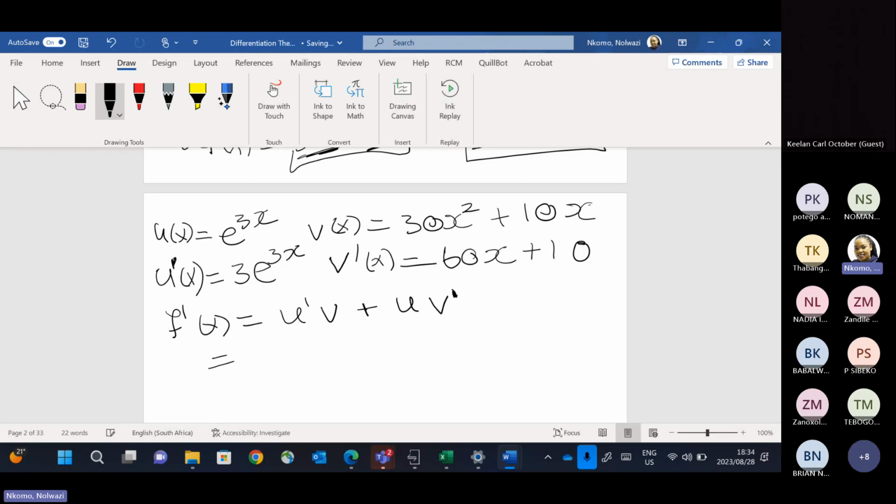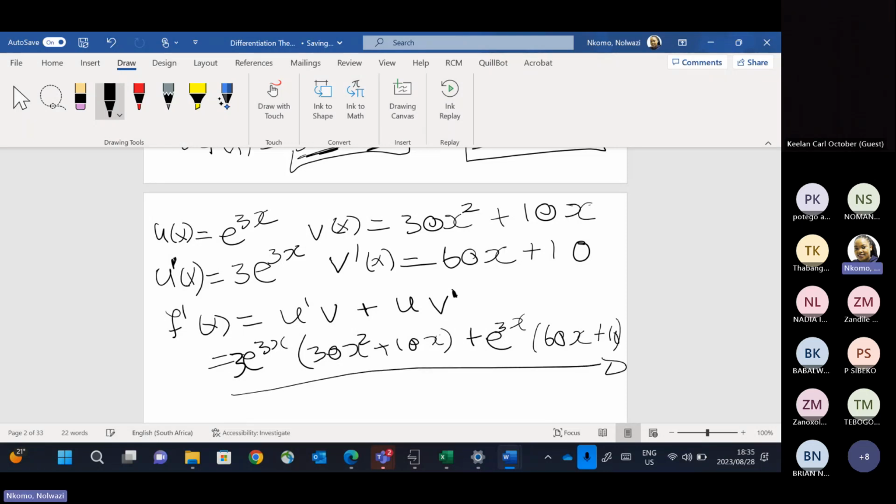And if we substitute this, you will have 3 e to the power 3x into 30x squared plus 10x, plus e to the power 3x times 60x plus 10.